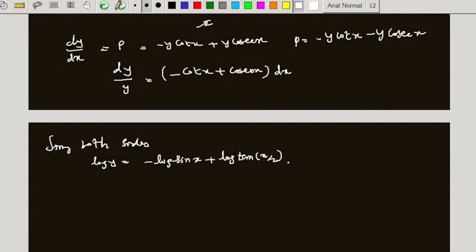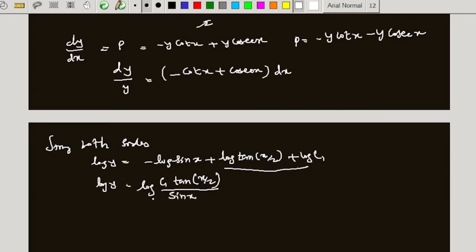Here plus we write the constant log c1. We use the formula and simplify. Log y equal to: we have the multiplication term as well as the division term, so we write these as log of c1 into tan of x by 2, and minus is there, so dividing by sin x.